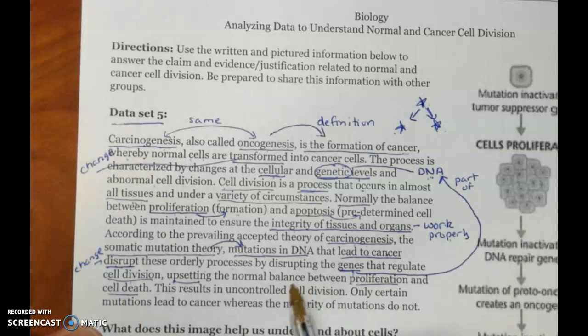When we change that balance, we get uncontrolled cell division, and we end up with a lot of damaged cells multiplying very fast like we saw previously. Only certain mutations lead to cancer. Not all mutations lead to cancer. And it says that right here. Most mutations do not.